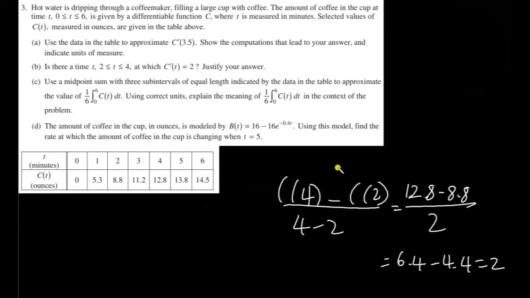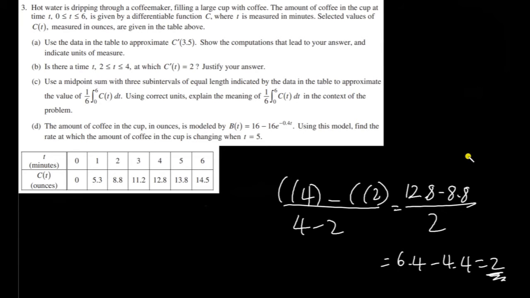So the average rate of change is 2. By the mean value theorem, since the conditions are met, there is some time t between 2 and 4 where the derivative is equal to the average rate of change, so some time where the derivative is equal to 2.